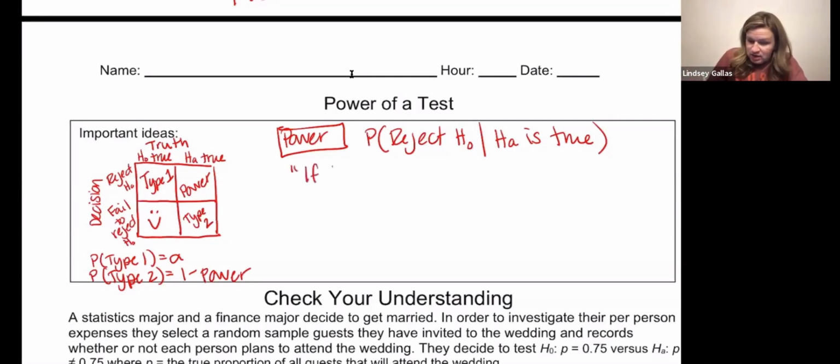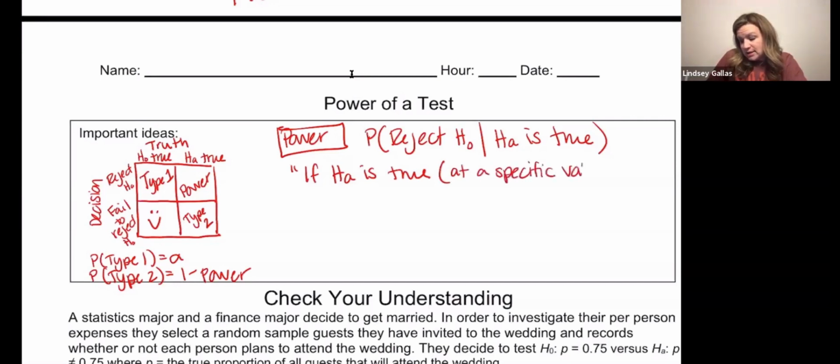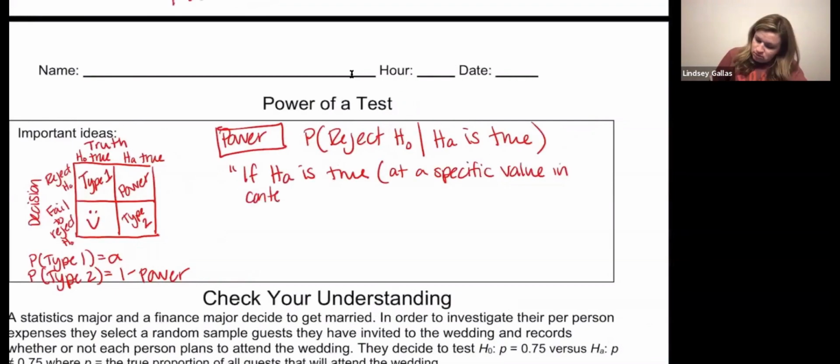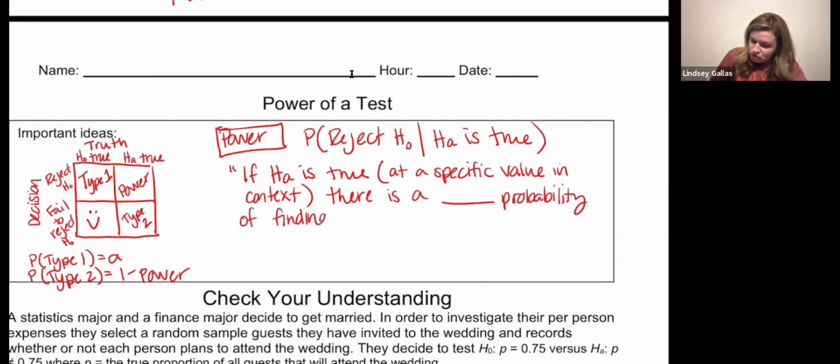So I'm going to say if HA is true, and then we do want to add a specific value in context. So if the alternative is true, there is a blank probability of finding convincing evidence to reject the null.